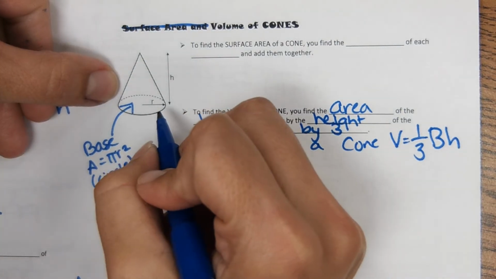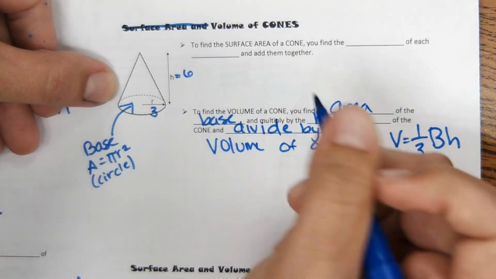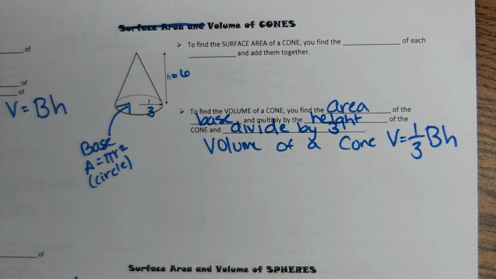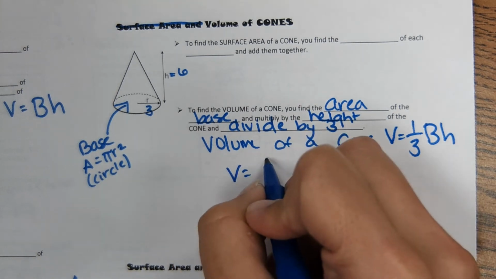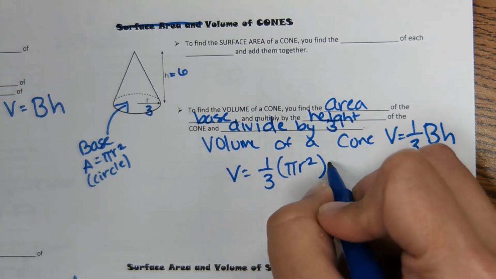The numbers we'll use are, let's use 3 and 6. Volume equals 1/3. Base is a circle times the height.